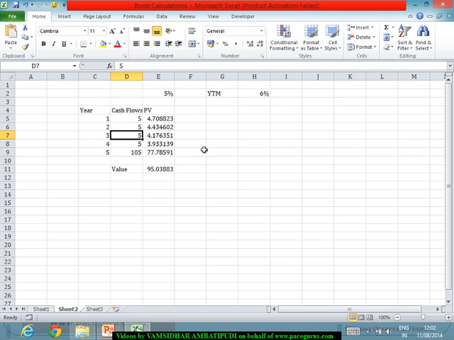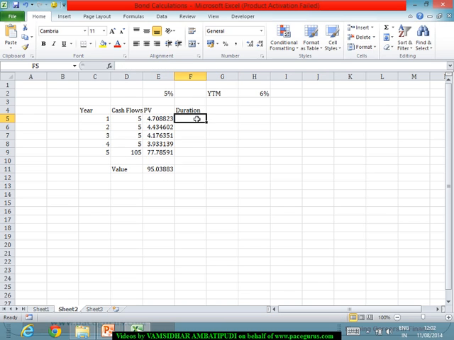So if I want to know the duration, which means the average time period in this process, the way we compute the duration is to take the present values of all the cash flows that are coming up and express them as a weightage.